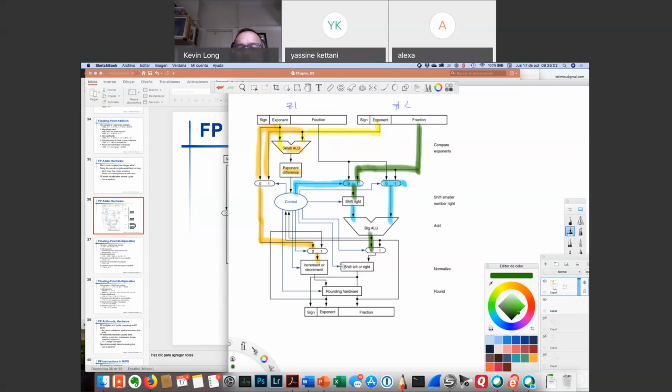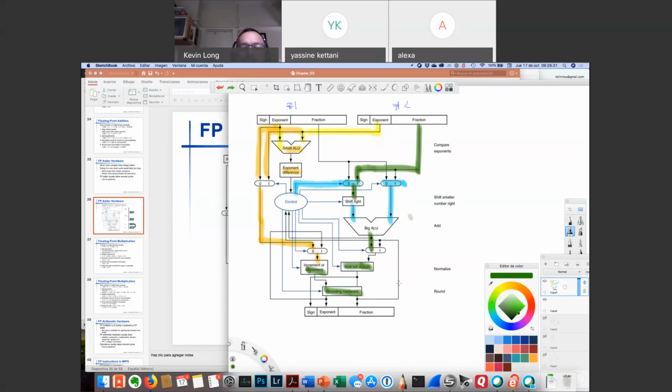The result will look to see whether it needs to be normalized or not. And as I normalize, it could result in me needing to increment or decrement my exponent, which I will do again. I may need to round my result. I'm going to be taking a look at what's going on after I do that rounding. The control signal will take a look at it and make sure I haven't resulted in overflow or underflow or an exponent that I can't represent.